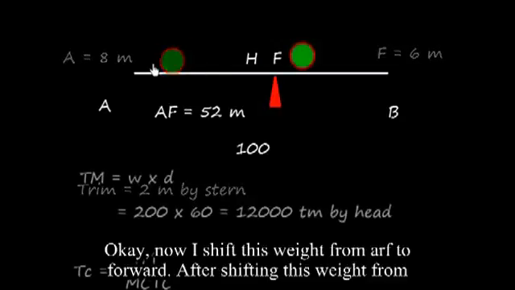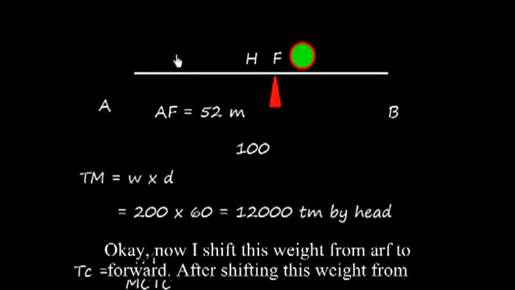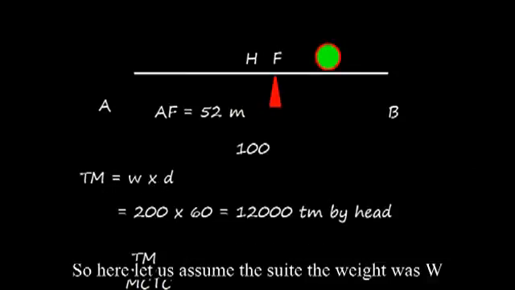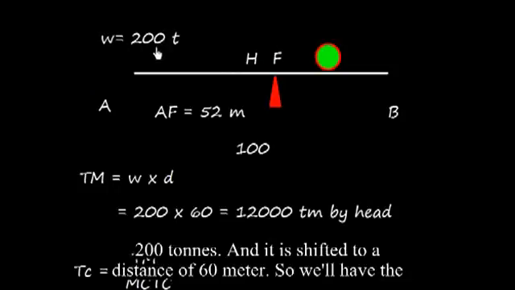Okay. Now I shift this W weight from aft to forward. After shifting this weight from aft to forward, there will be a trimming moment, and this trimming moment is W into D. So here let us assume this weight W is 200 ton, and it is shifted a distance of 60 meter.